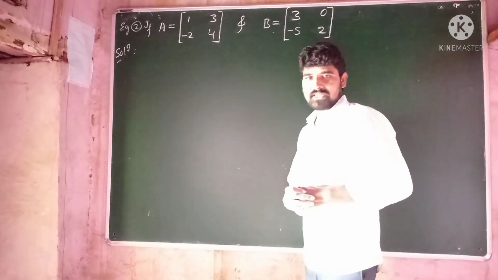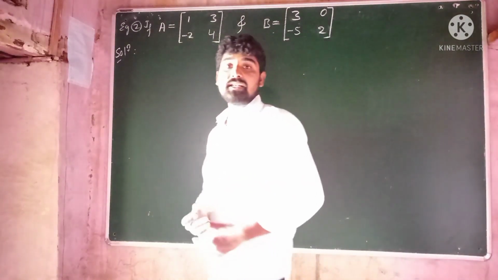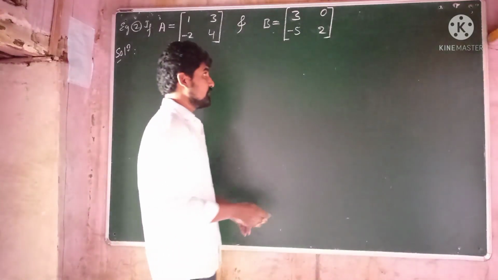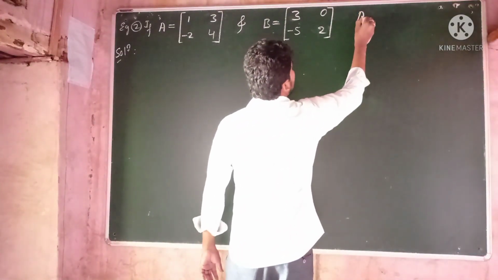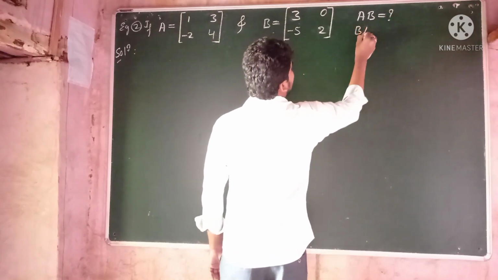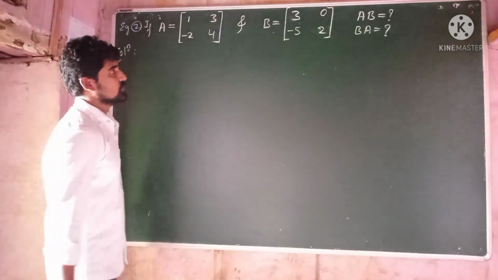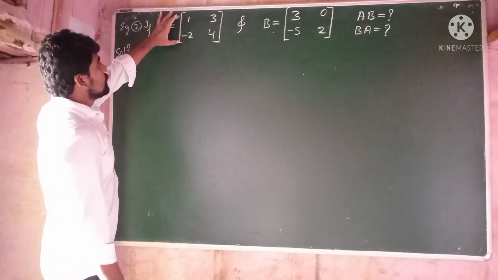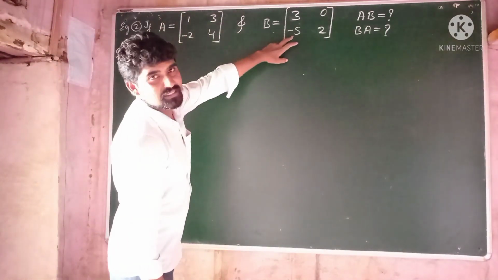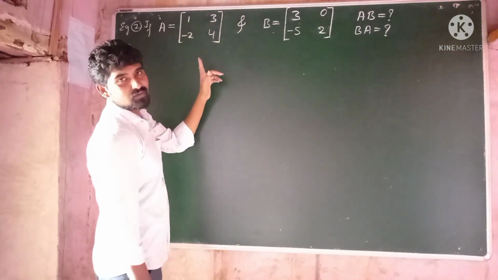Let us consider one more example. If A and B are any two matrices, then find the matrix AB and the matrix BA. Let's start the solution. Here both A and B matrices have 2 rows and 2 columns.